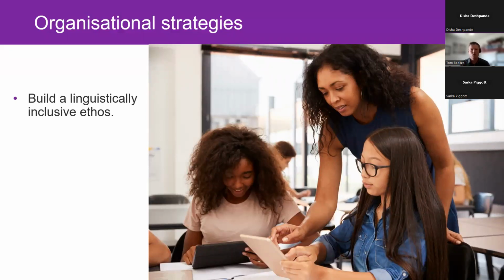And I guess one of the ways this gets framed often is that all teachers are language teachers. Now, I kind of like this phrase as a language teacher myself, but I can also understand that if I wasn't a language teacher, this might feel quite threatening. So I'm not always 100% convinced of its use as a slogan, but all teachers are language teachers.